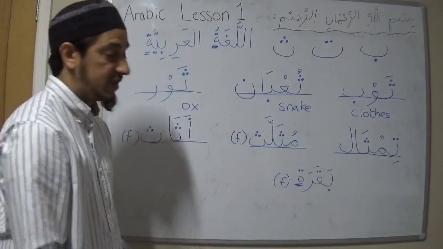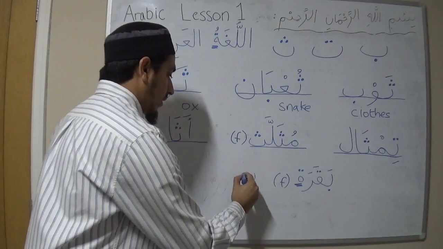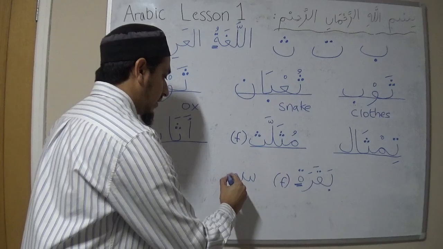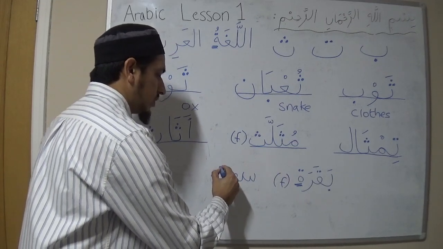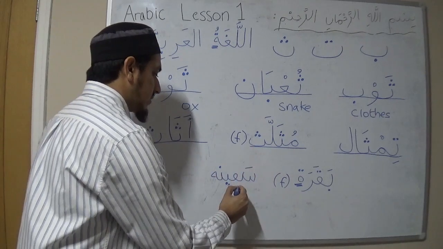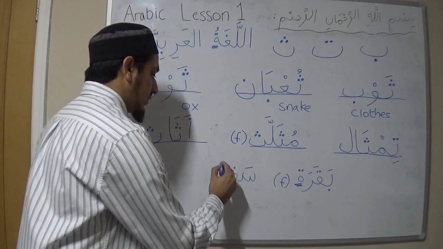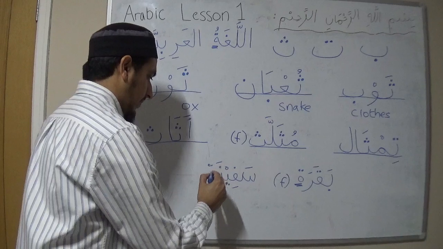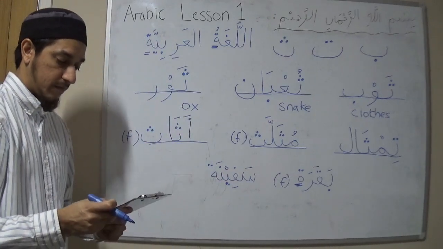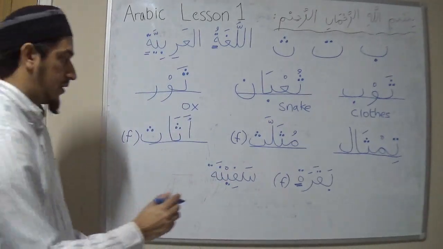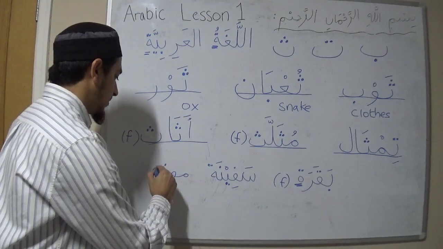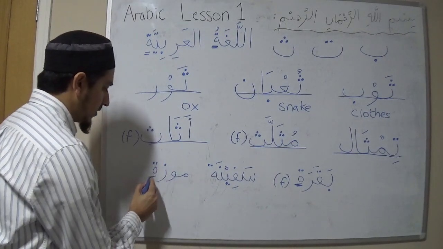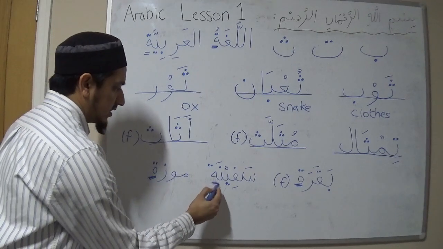So when we said safina as well, what does it have at the end? It has a ta marbuta. Even if it has a ta mudawwara, this is the same thing. Safina. And Moza. They're just picking out the feminine words that we have, just to show you that that's the indicator.